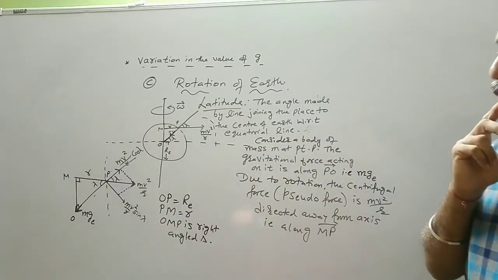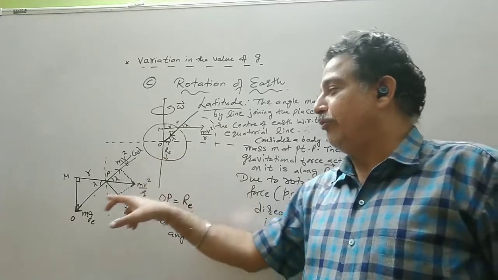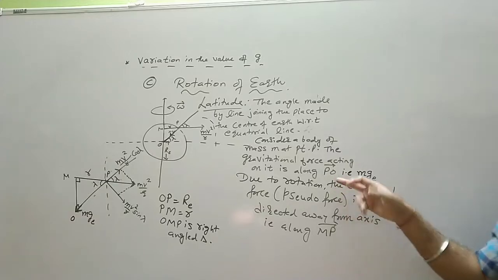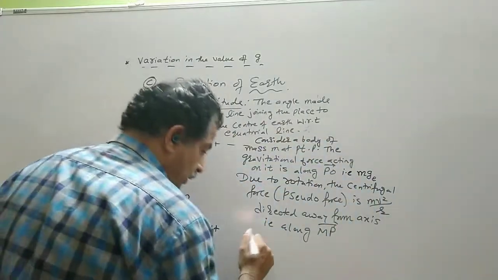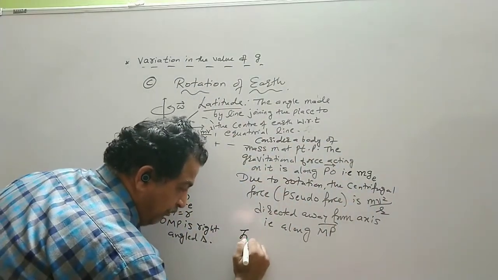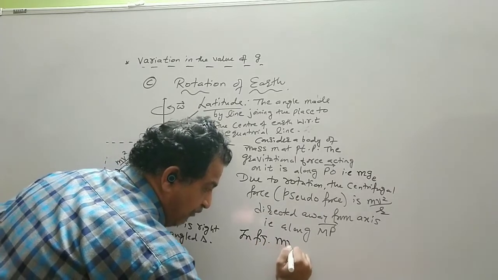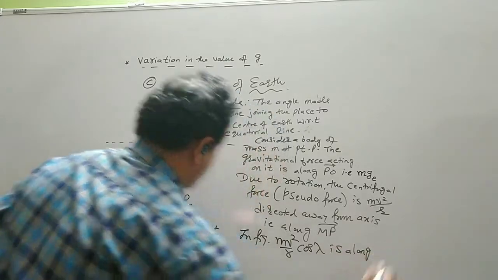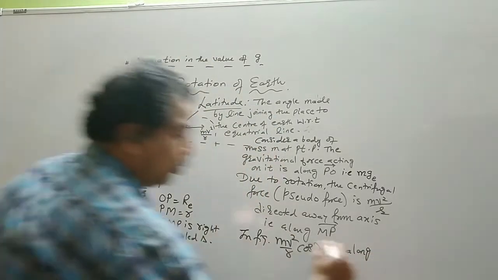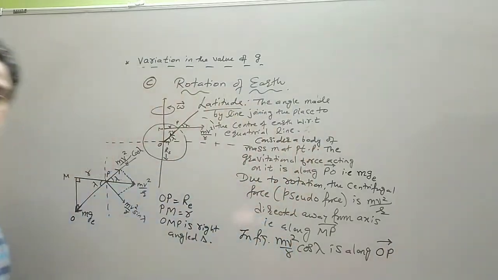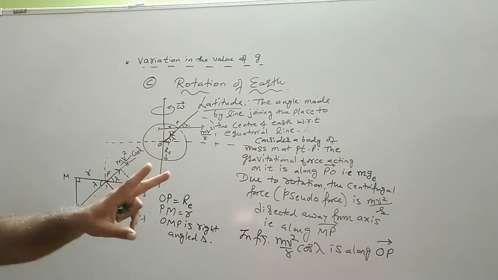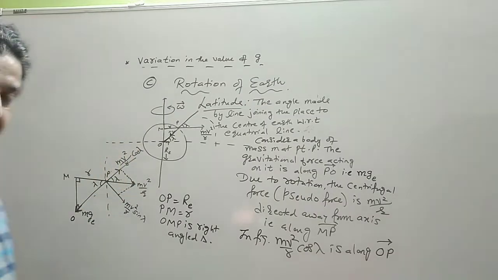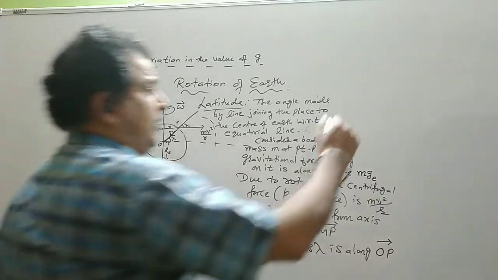So we find the component of this centrifugal force from O to P. This is from P to O, and the cosine component, so we directly write in the figure mv square upon r cos lambda is along O to P, opposite to the gravitational force. So at point P you have two forces now. One is gravitational, one is the cosine component of the centrifugal force. So the resultant value of G will decrease.